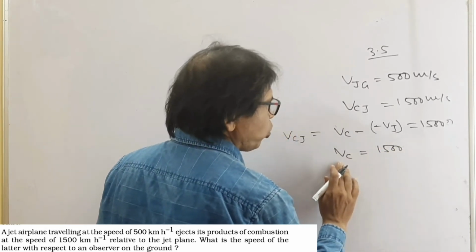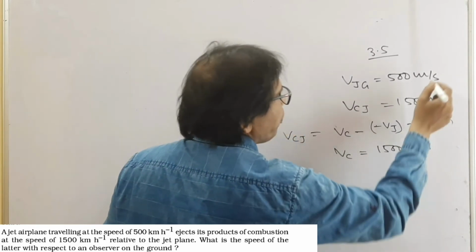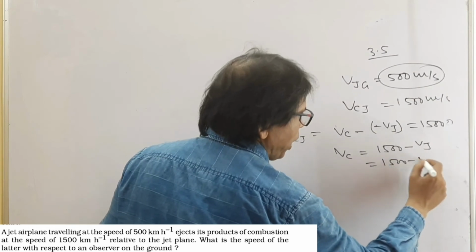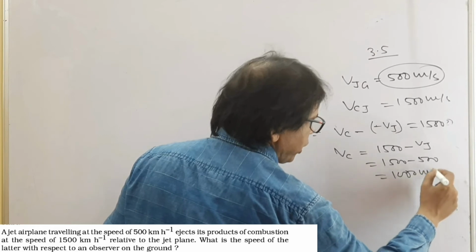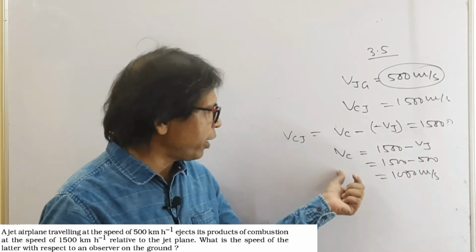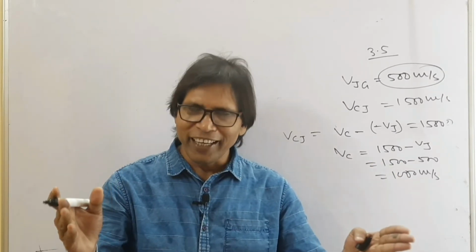Now VC equals 1500 minus VJ. Now VJ is equal to 500, so 1500 minus 500 is 1000 meter per second with respect to the ground. So the velocity of the combustible gas is 1000 meter per second with respect to the ground, okay.